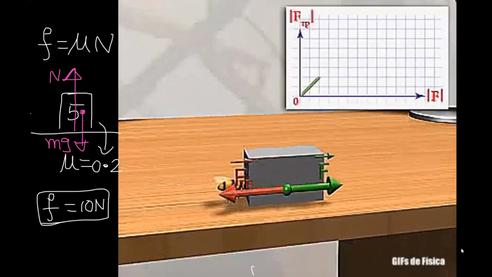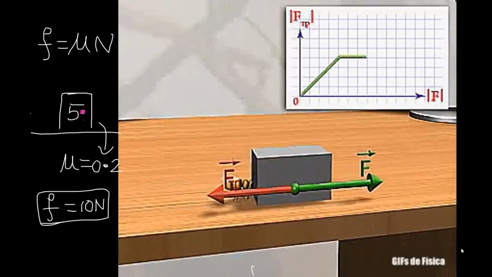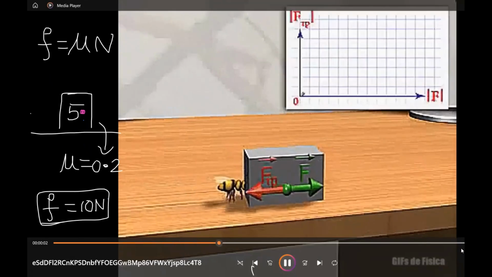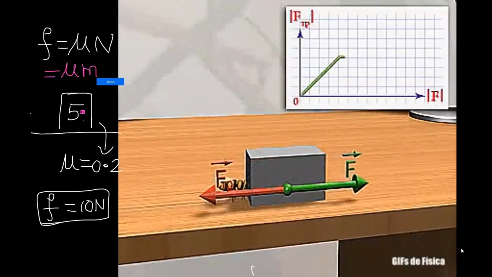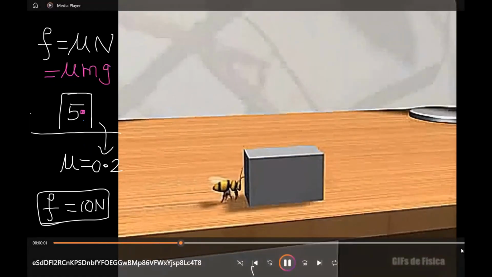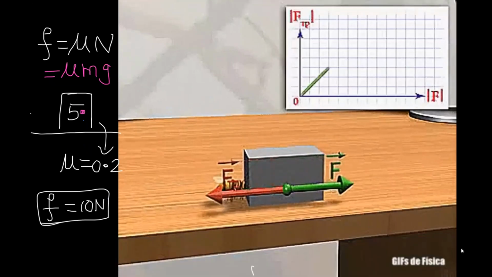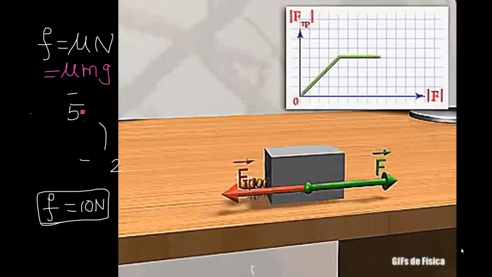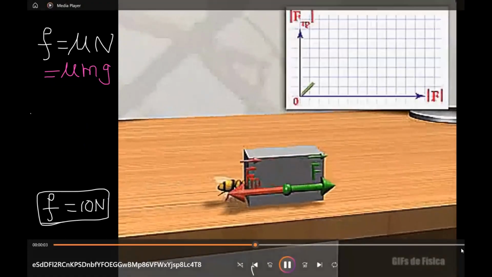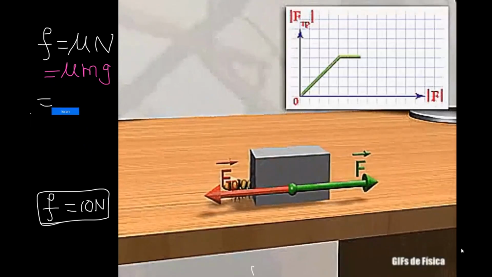So what did you do? Listen properly. I didn't give you the n value, but how did you calculate the n value?